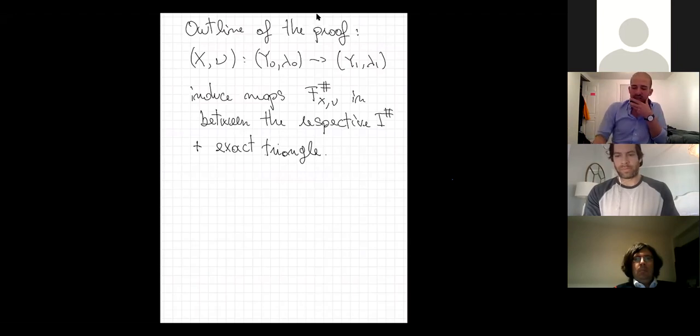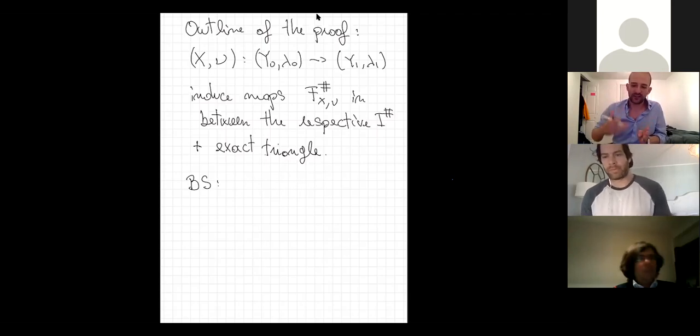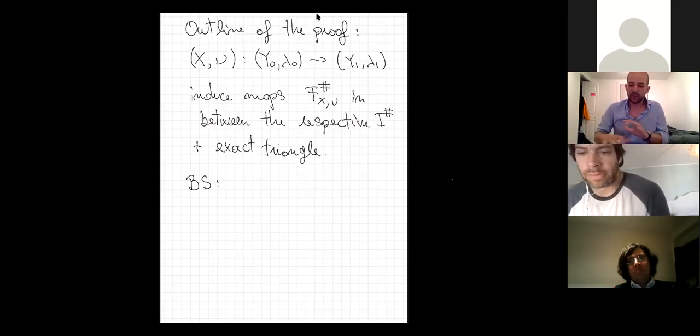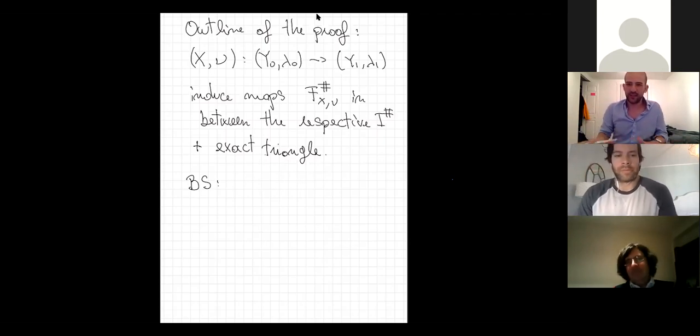So this has been there for a while, but this year, or maybe last year, Baldwin and Sivek showed that these maps share a key property with the Heegaard Floer maps. Remember, in Heegaard Floer homology, you always have these spin C structures going on. Here there is no spin C structure so far.